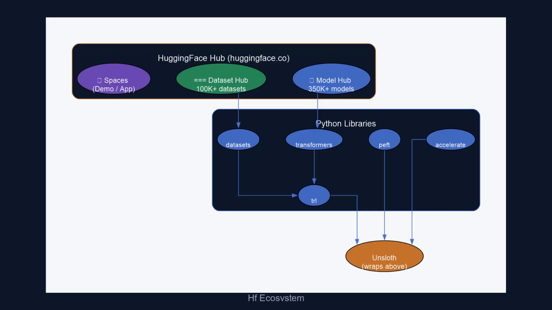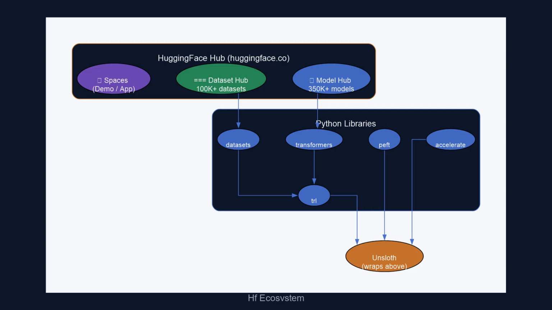This diagram shows the Hugging Face ecosystem you'll be working within throughout this course. At the top sits the Hugging Face Hub, divided into 2 halves. The Dataset Hub with over 100,000 public datasets and the Model Hub with over 350,000 models.